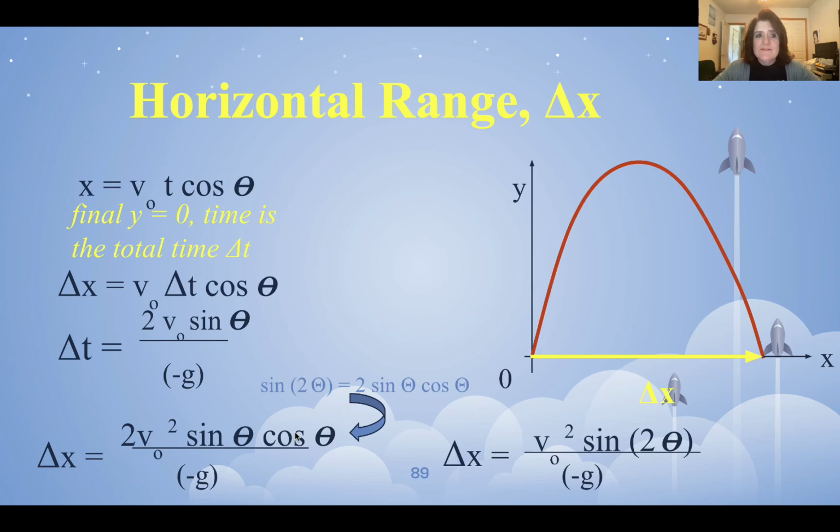The range is found by taking x being equal to v0 t cosine theta, so that delta x is actually v0 squared sine theta cosine theta divided by a negative g. That will give you the range.